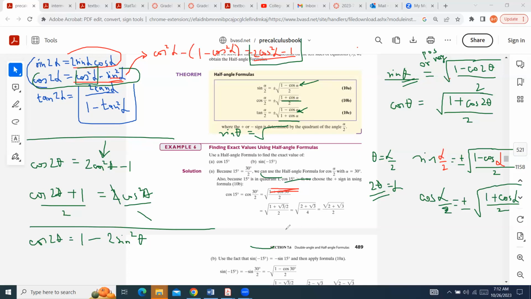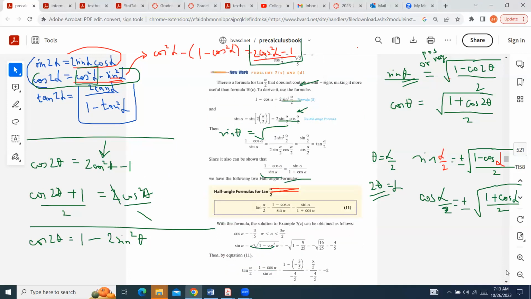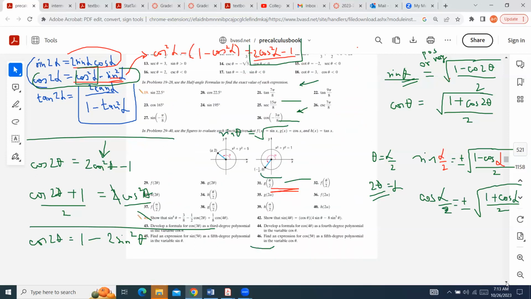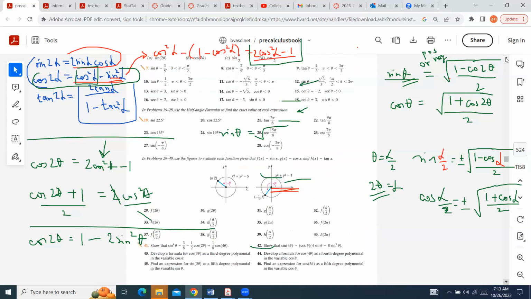So tangent is just coming out of those 2 formulas. I guess that's plenty. I don't want to overload you because it's too much. I know there are lots of formulas. But the point of the story is that now we can deal with half angles as well.